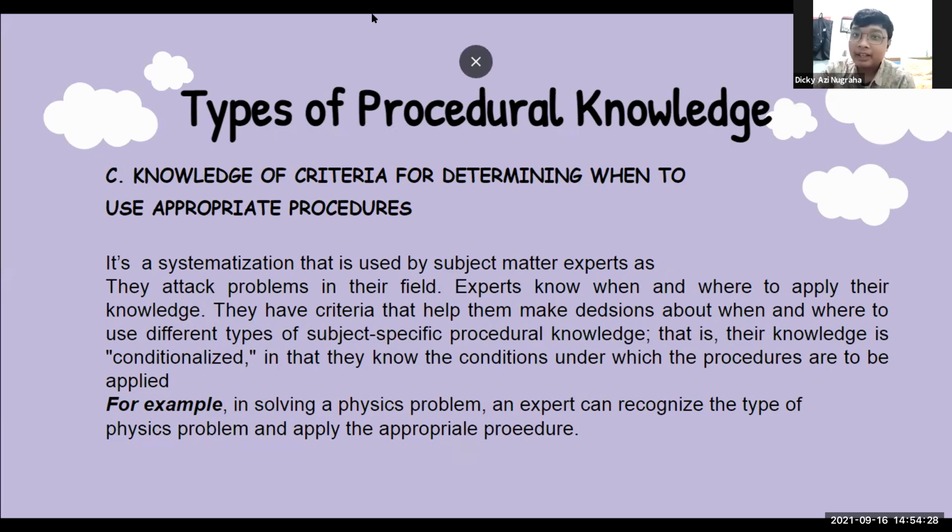And the last is knowledge of the criteria for determining which statistical procedure to use with data collected in a particular experiment. I think that's all for the three types of procedural knowledge.